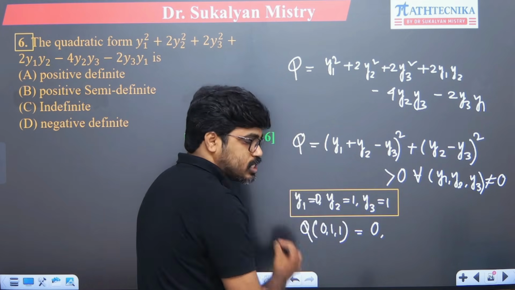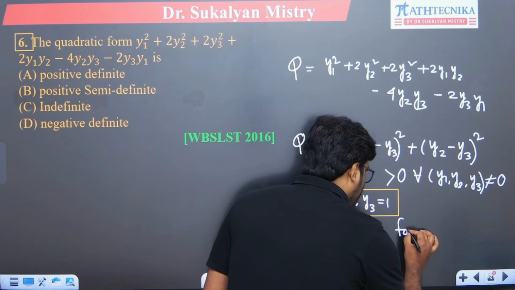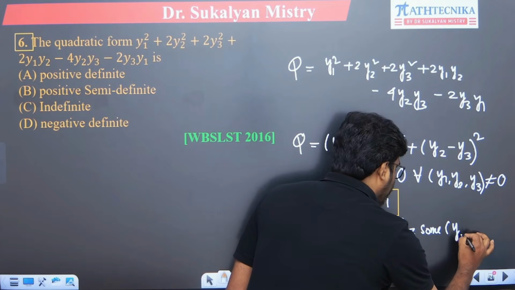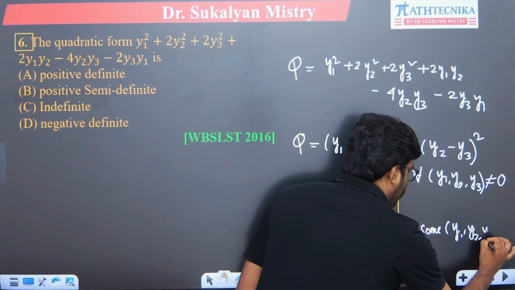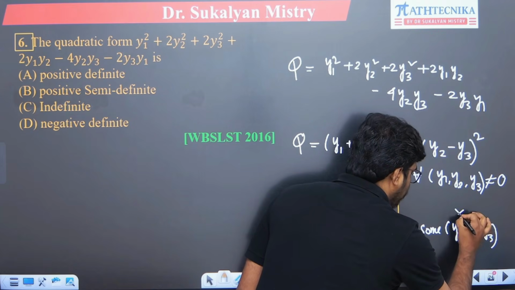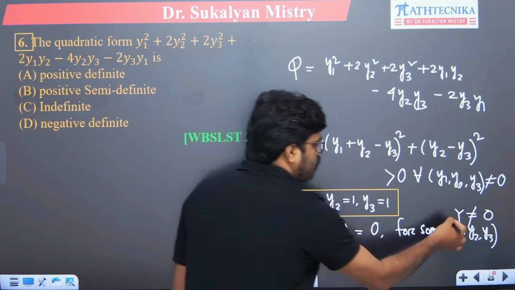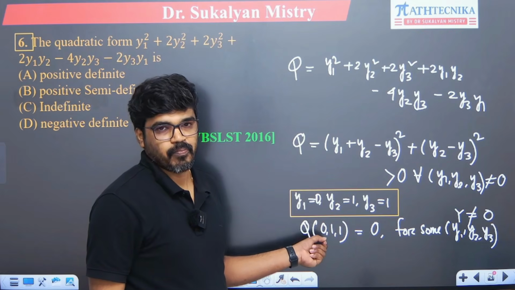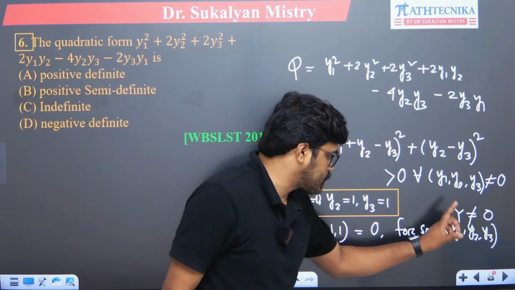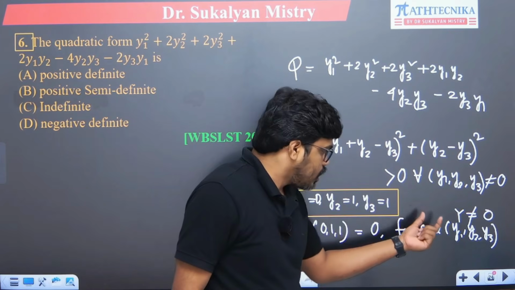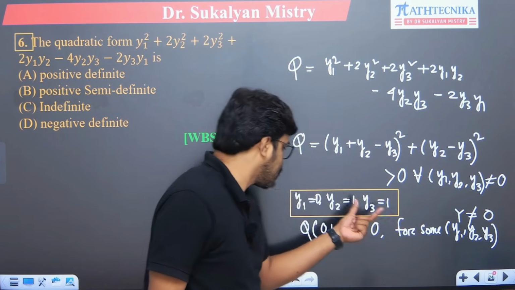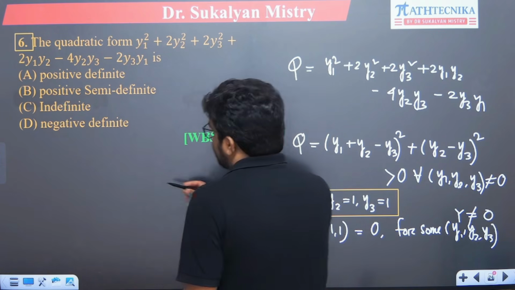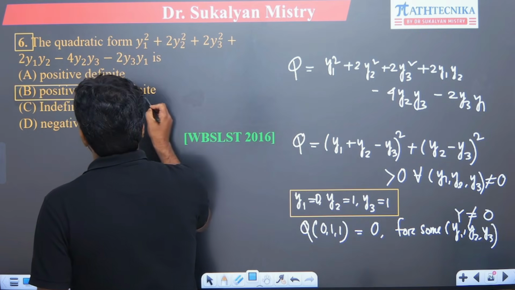That means q is 0 for some y not equal to 0. See, there exists one non-zero vector for which q is 0, right? So this is positive semi definite. Option B is the correct answer.